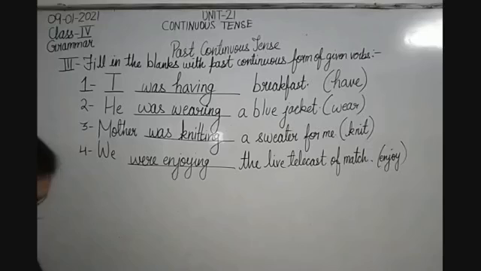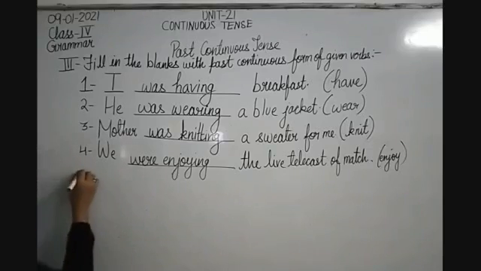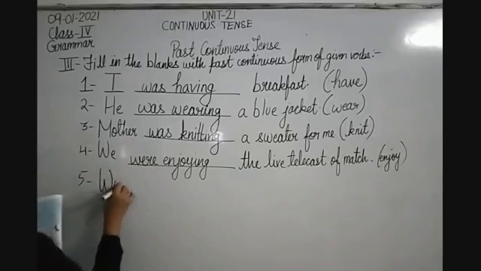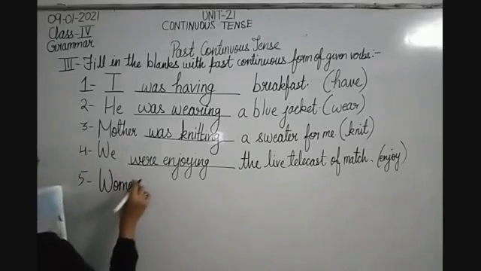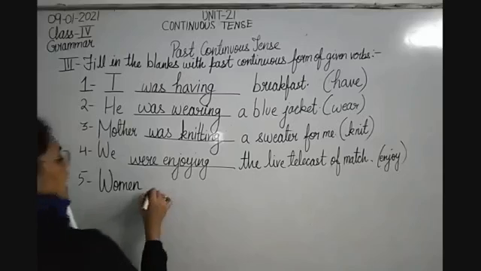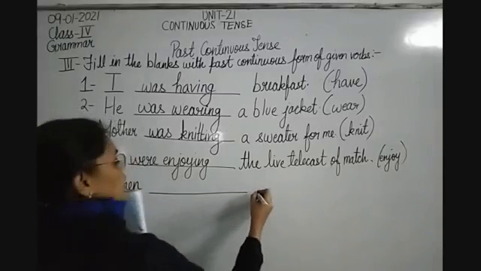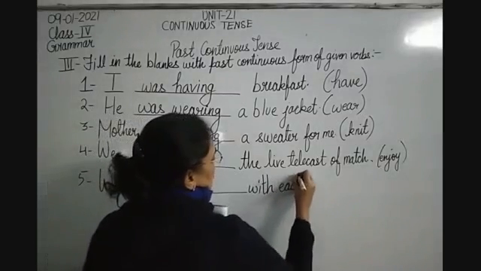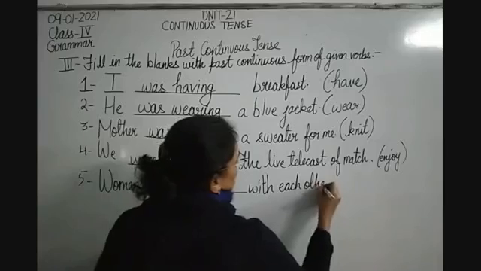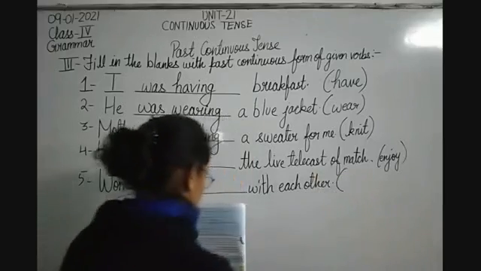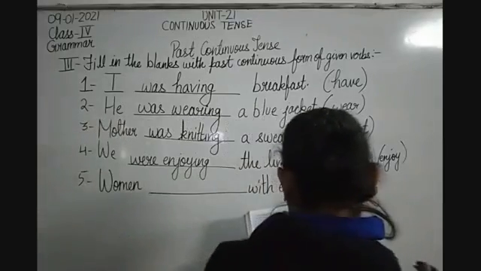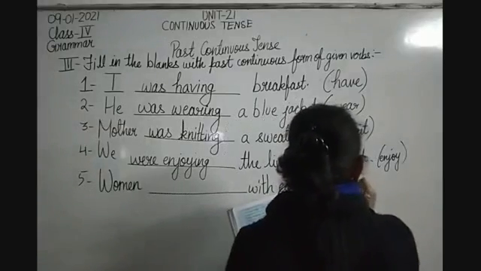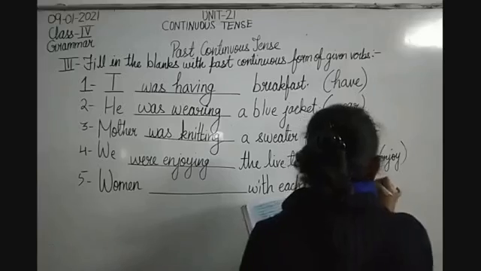Now, the fifth one: Women, W-O-M-E-N is pronounced as women, dash with each other, and the verb given in the bracket is quarrel.